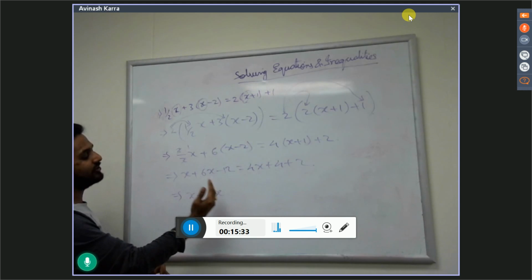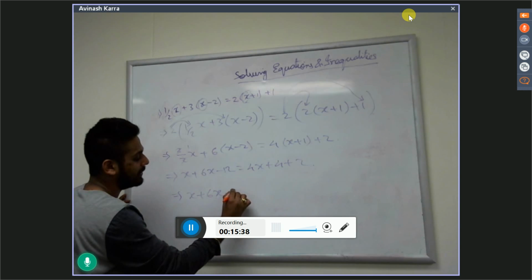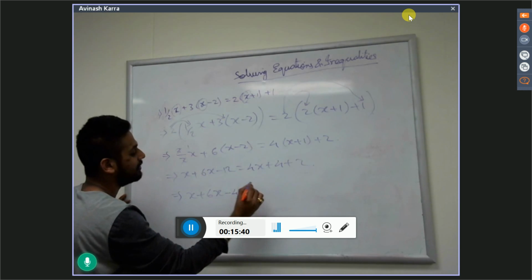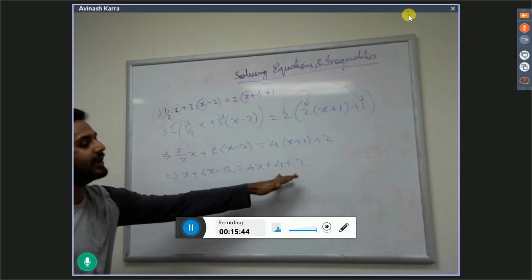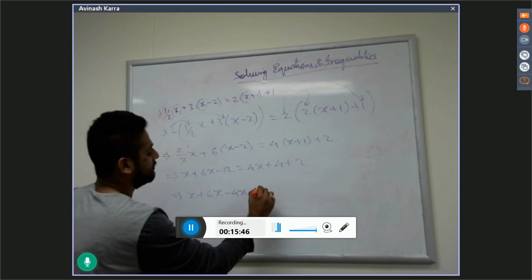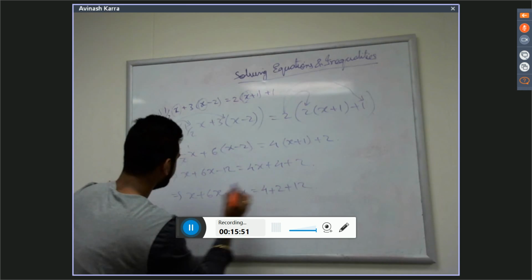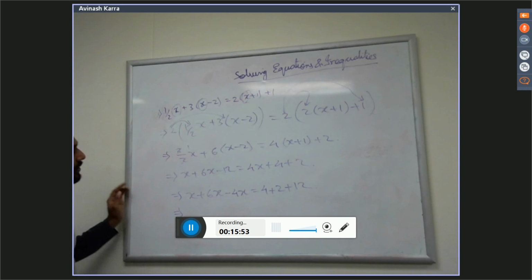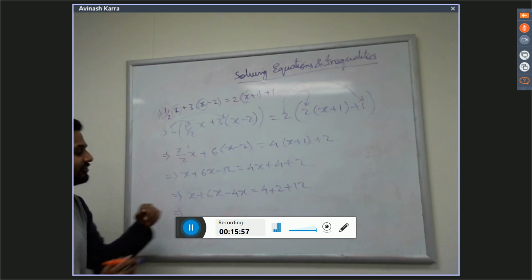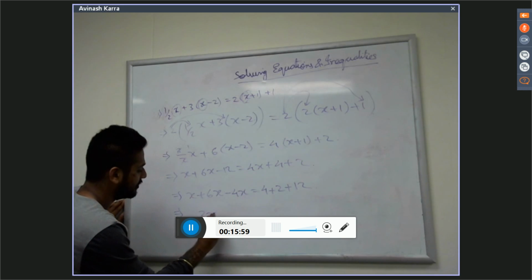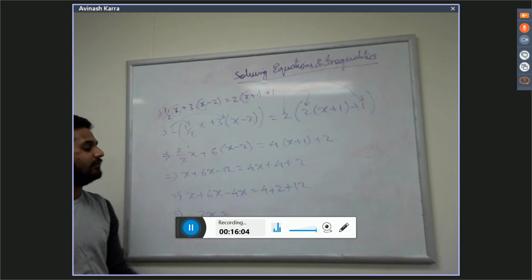When it comes to the LHS, it becomes negative 4x. And 12 is negative 12 here; when it goes to the RHS, it becomes positive 12. So 4 plus 2 plus 12. Now it's easy. x plus 6x is 7x, 7x minus 4x is 3x, equal to 4 plus 2, 6, 6 plus 12, 18.